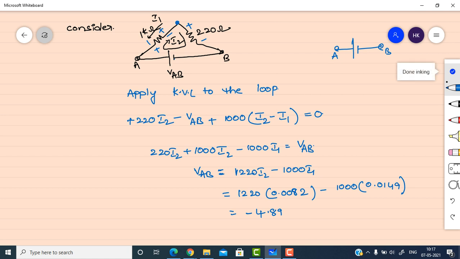Yes, minus 4.89. See, whenever you are getting the voltage value or the current value minus sign, that indicates that your assumed direction of current is wrong.